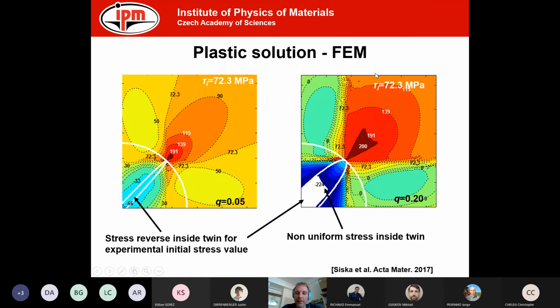So probably this level of stress is not enough. And the other feature is, again, you can see there is still a stress concentration in front of the twin. So we will address both the stress inside the twin and the stress concentration ahead of the twin in further slides.